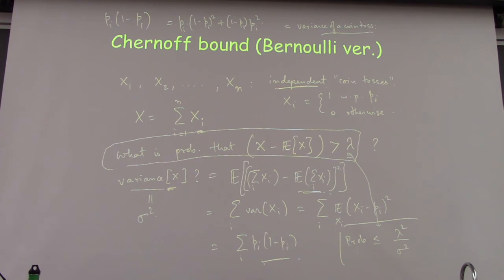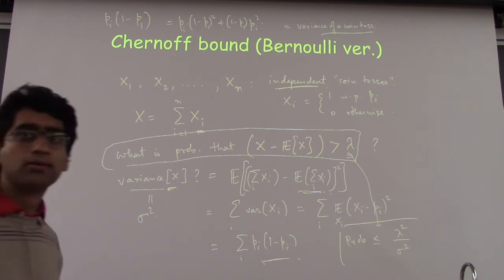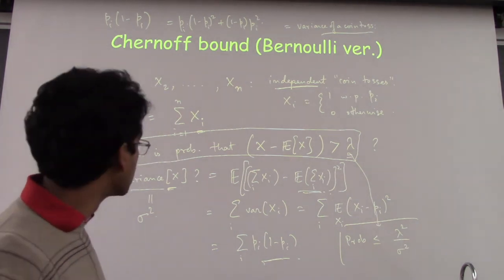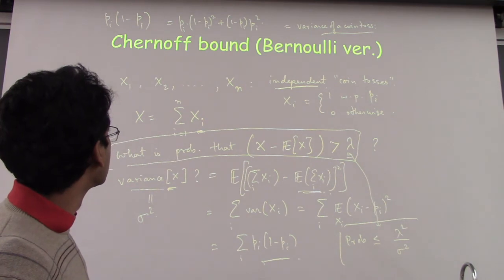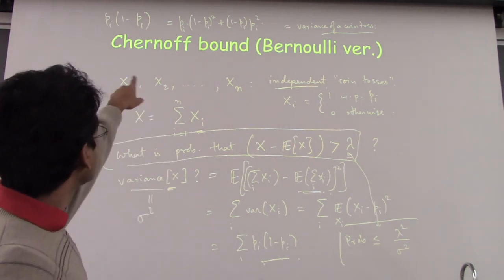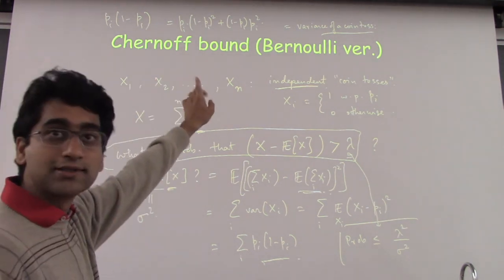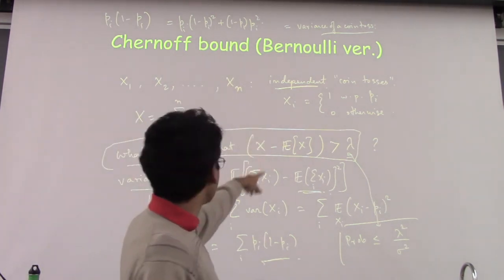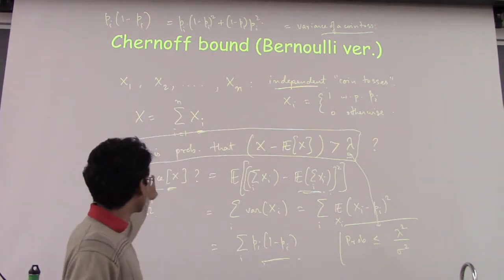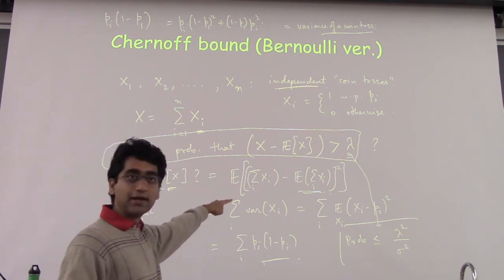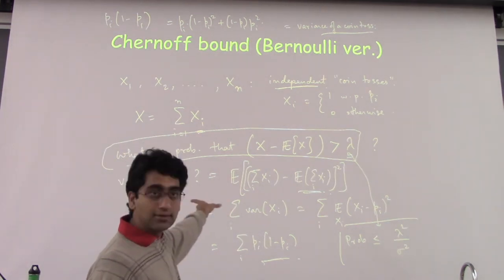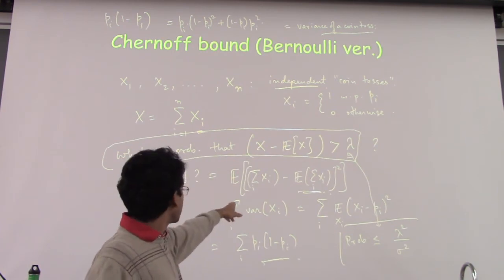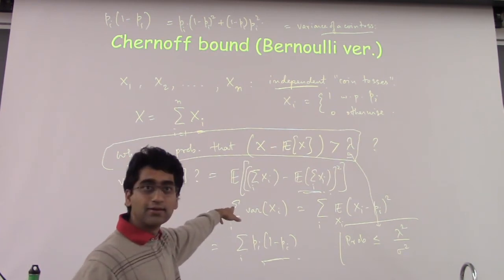Can you do the final step, how do you get from p to p times 1 minus p? Oh, that was the variance of one coin toss. What I said was the variance of x is the sum over i of the variance of xi. Once you accept that, then I am computing the variance of xi.